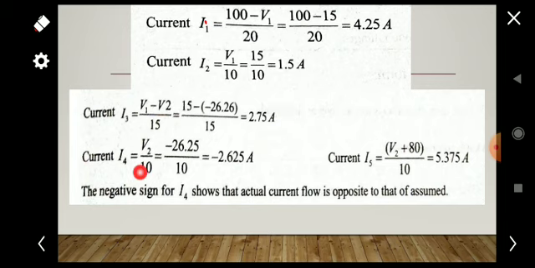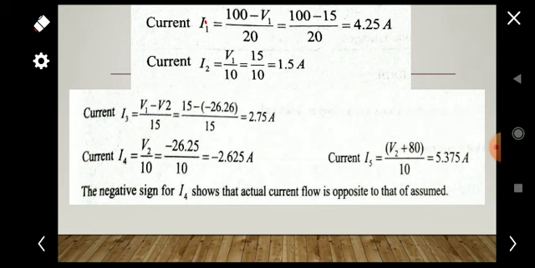Also I4 and I5 we can find using the same equation. Here the negative sign means that I4 is negative, it shows that the actual current flow is opposite to the current direction we have assumed. And this is about the problem, we have found the current through all the resistances.